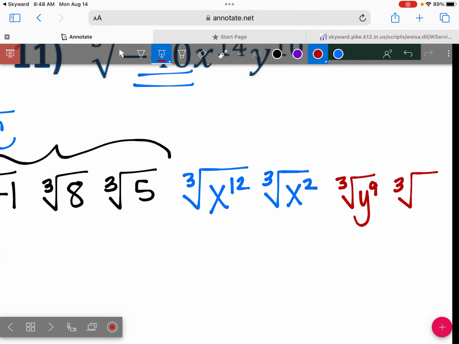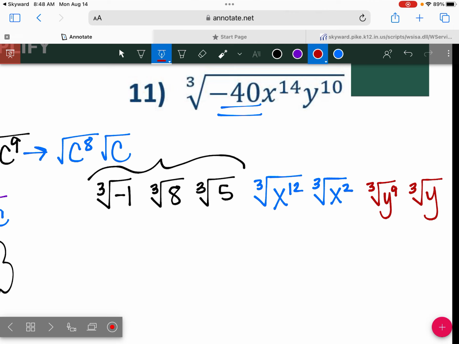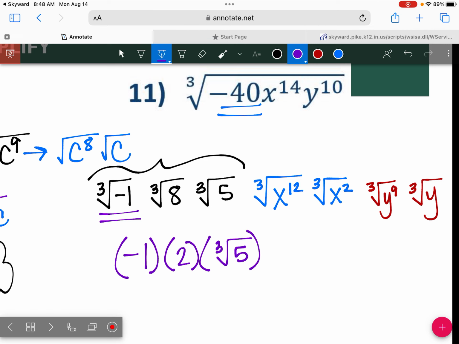Okay, so now that we have kind of broken that down, it goes pretty fast. So this here, the cube root of -1 is -1. The cube root of 8 is 2. This cannot simplify. So I'm going to leave that.